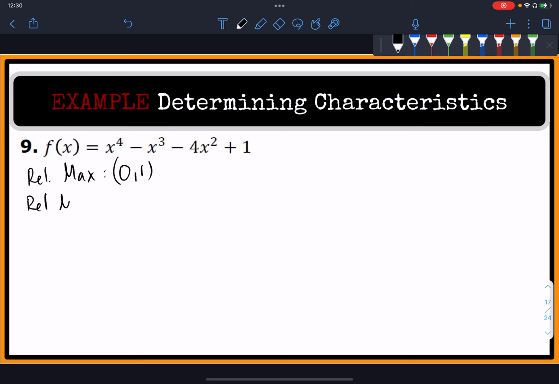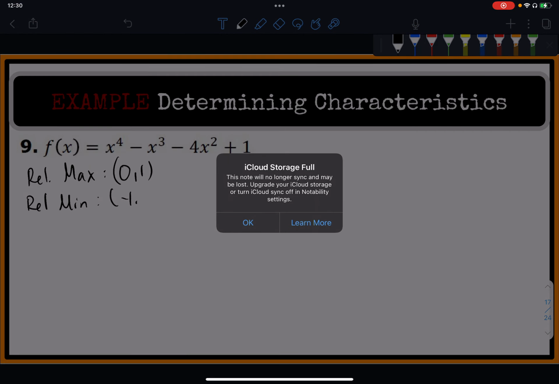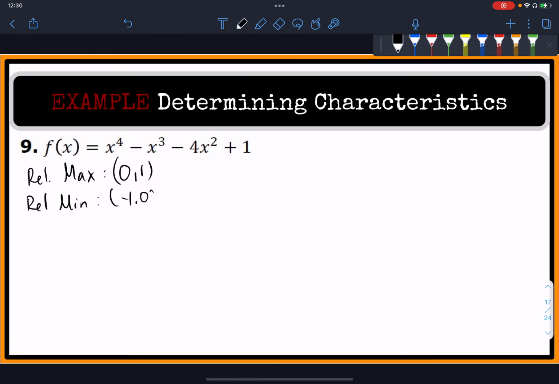And our relative minimum is at 2 places. We have a relative minimum at negative 1.09, negative 1.05, and 1.84, negative 7.31.